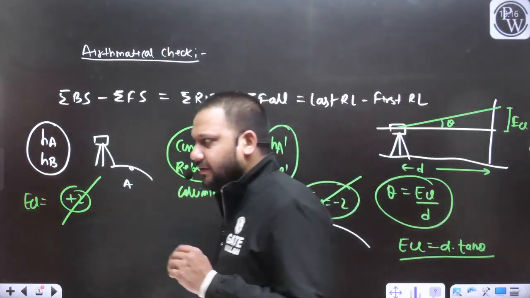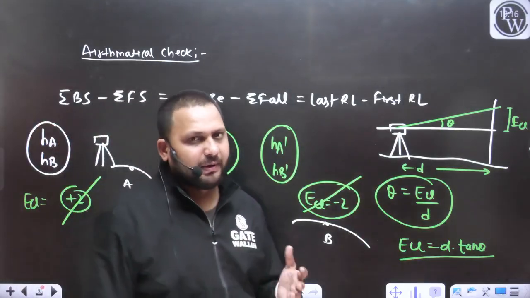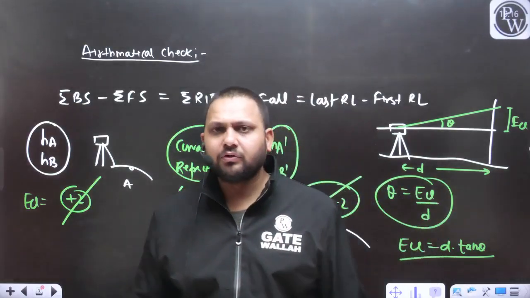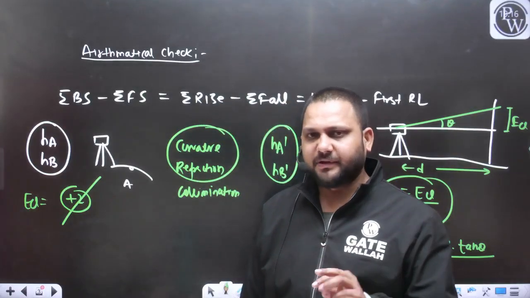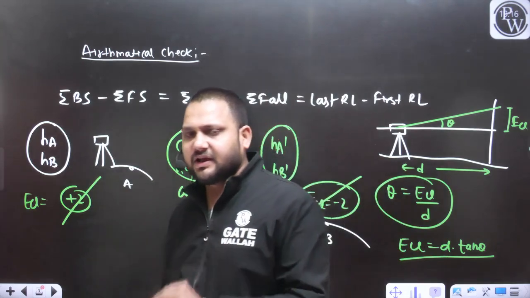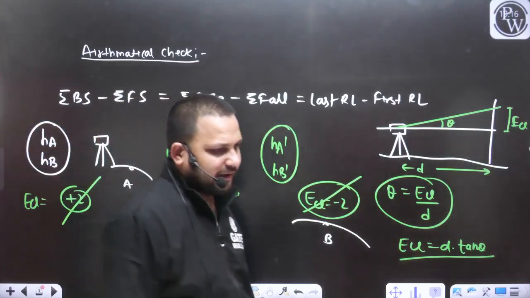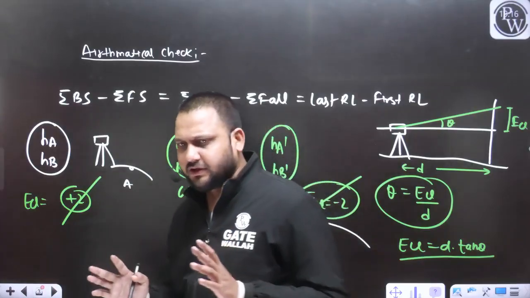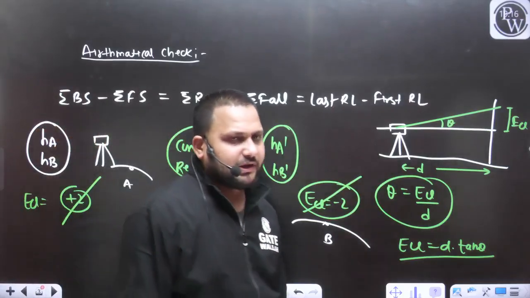Similarly, we will discuss one more topic that is also related to leveling, that is trigonometrical leveling, and that topic is important from your GATE exam point of view. So that will be the discussion for the next class. So these are the two topics we are going to discuss today. In this class we will talk about the contour. In the next class we will talk about trigonometrical leveling. These are very small and easy topics. You all can understand very easily, and we will also discuss how they are asking the question.